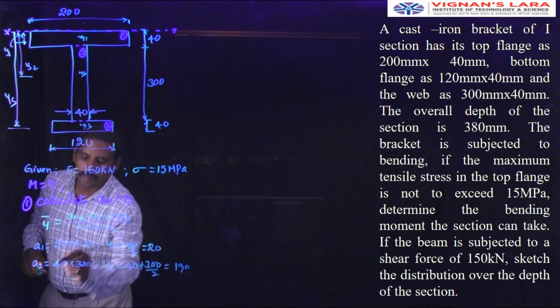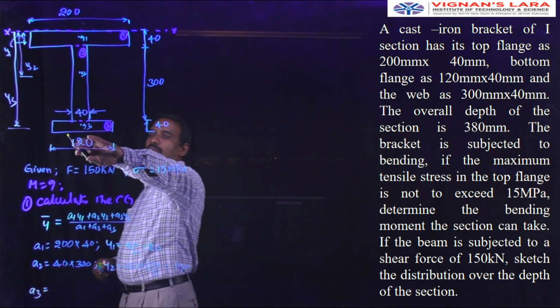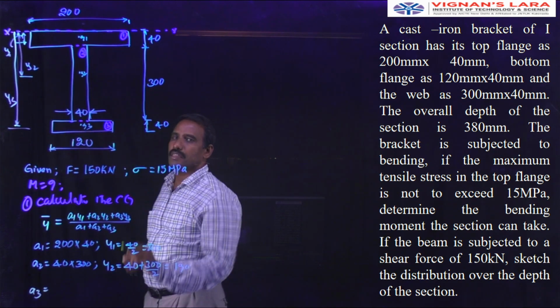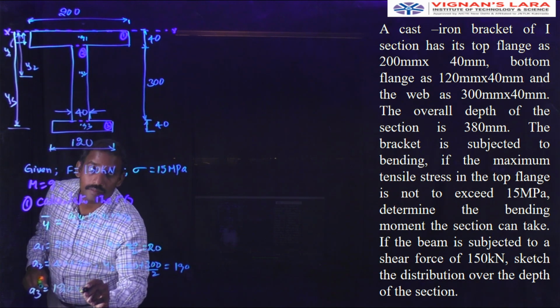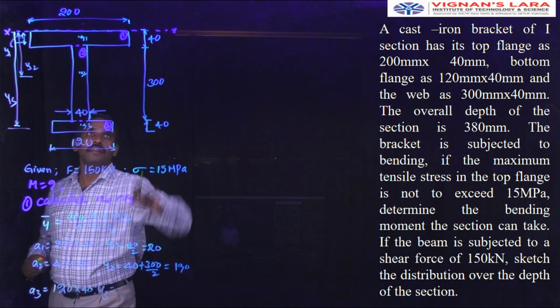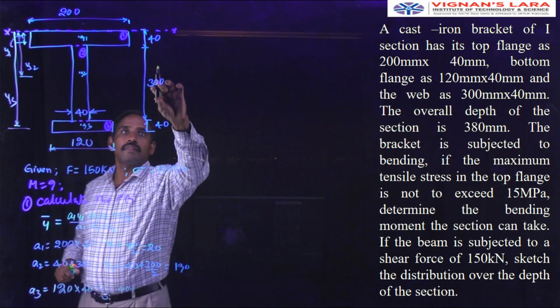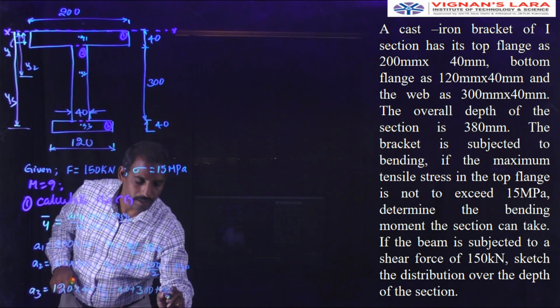Now, what about the A3? A3 is equal to, we know the dimensions of the third rectangle, base 120 and its depth is 40. It is 120 into 40. Y3 becomes 40 plus 300 plus 40 by 2.